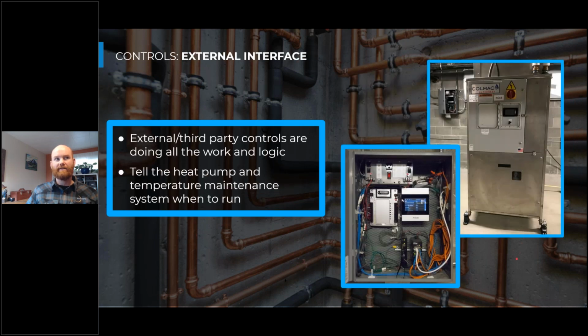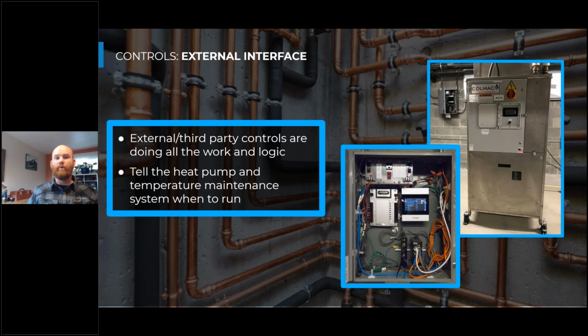And then the last, for our really more complicated buildings or where we want to really be closely tied to these systems and the efficiency, fine-tuning them, optimizing them, and really set us up for great success is really this external or third-party controller.